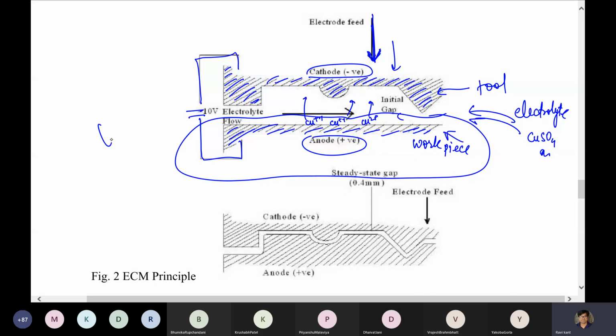We have an electrolyte reservoir which is filtered, and through pumps the electrolyte can be taken up and poured into the gap between the tool and the workpiece, and this can again be collected, and this keeps on going steadily. There is a power supply which gives positive and negative polarity to the workpiece and tool respectively.